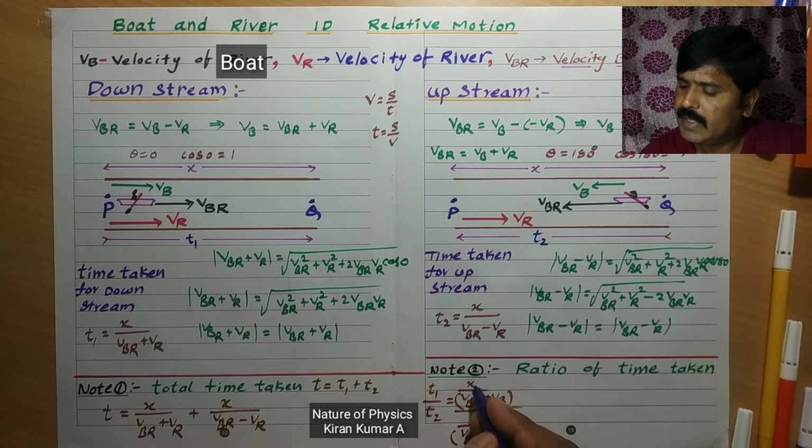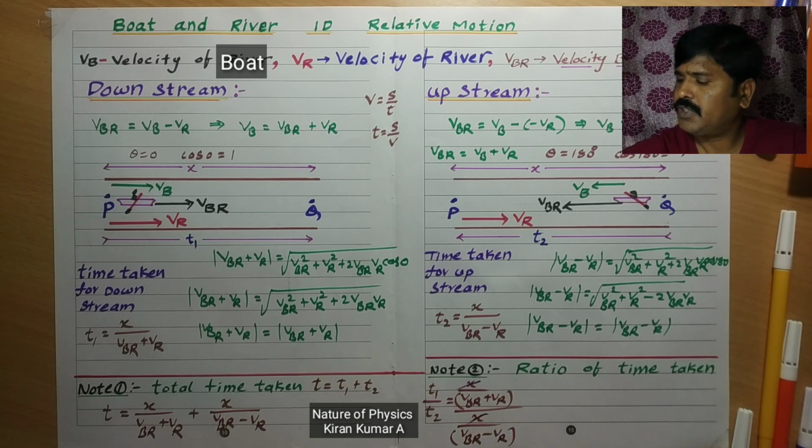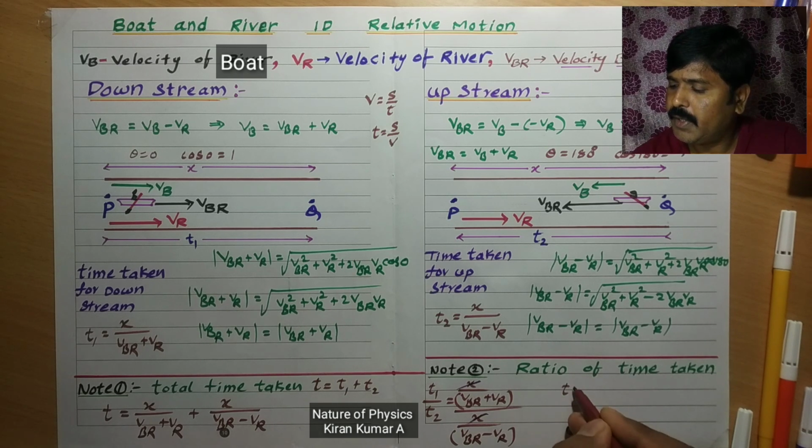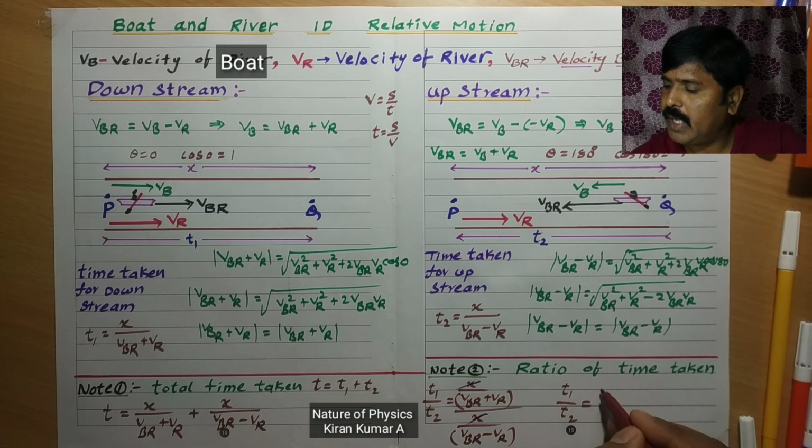Here x gets cancelled. In the next step we get T1 by T2 equals Vbr minus Vr, whole divided by Vbr plus Vr.